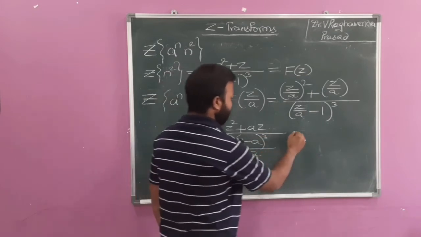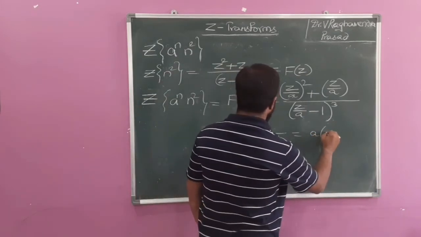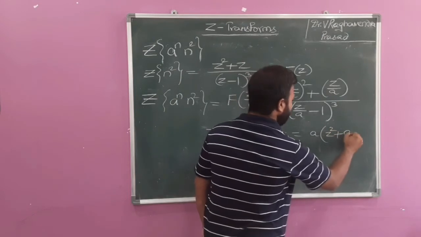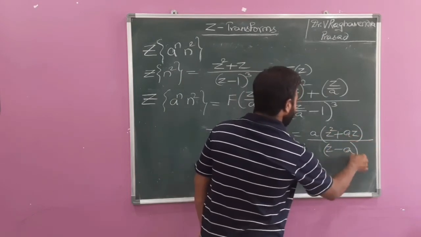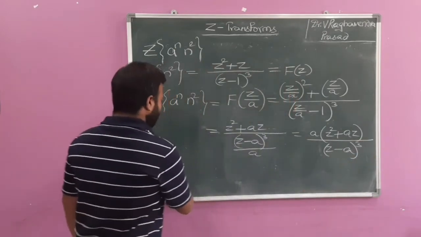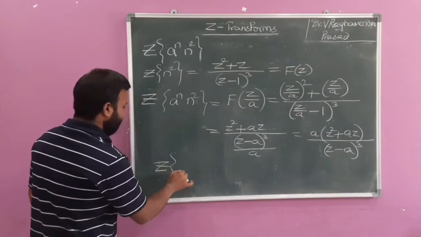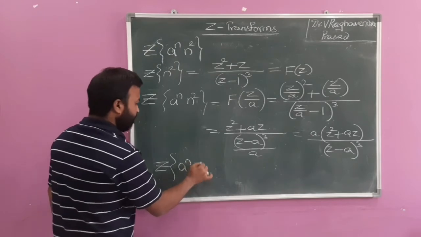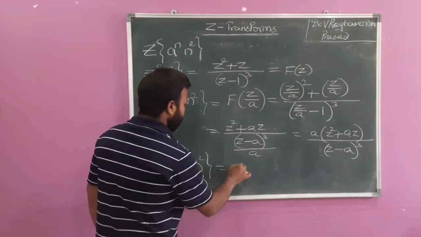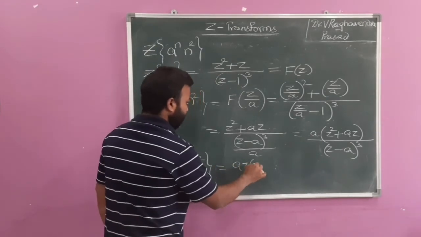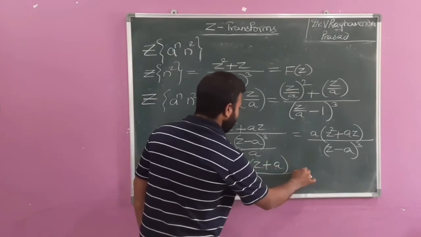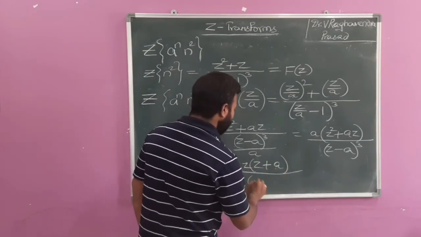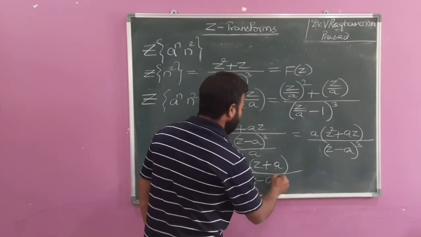Or we can write this as a into z square plus az by z minus a whole cube. So the z transform of a power n into n square gives az into z plus a by z minus a whole cube.